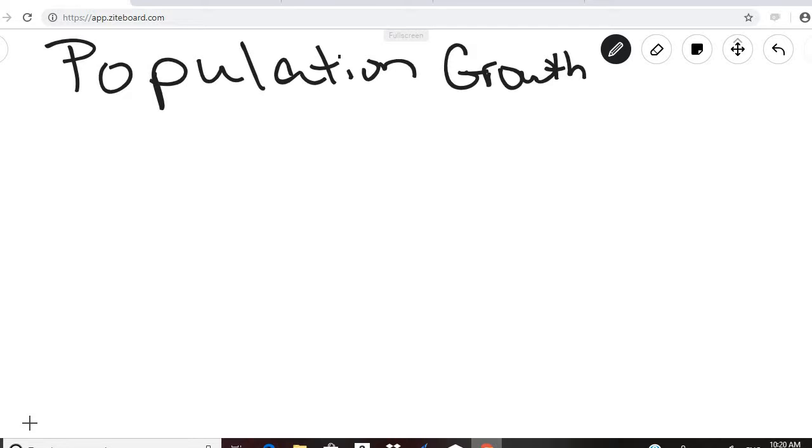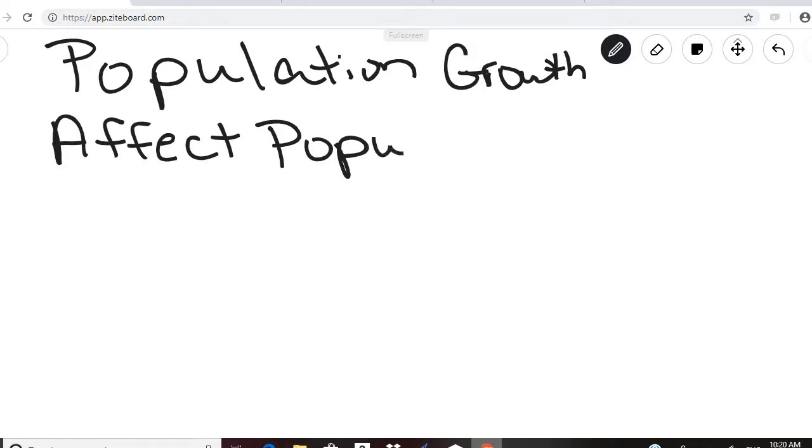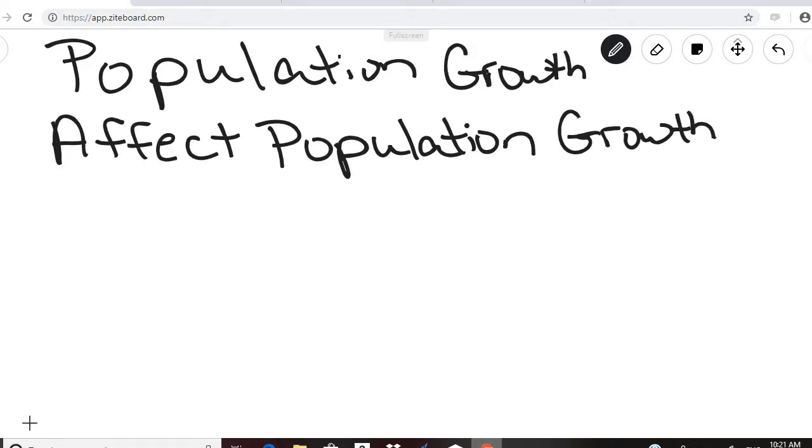So what are some things that could be clues of whether a population will grow or whether it will be wiped out? Here are some of the things that affect that.